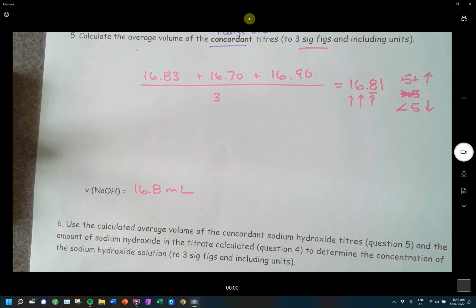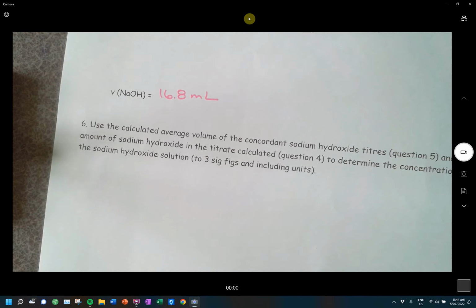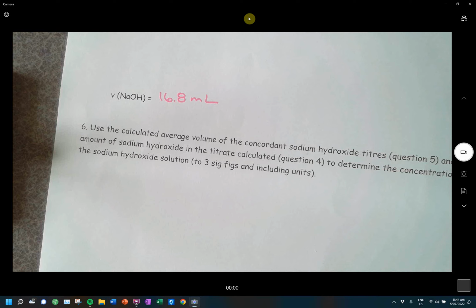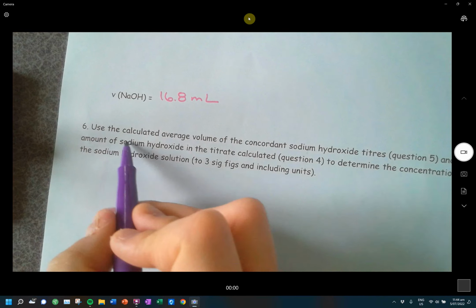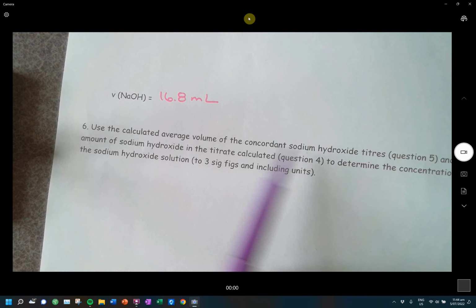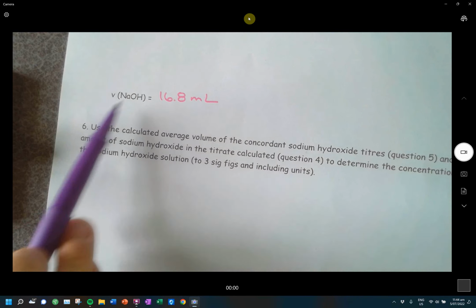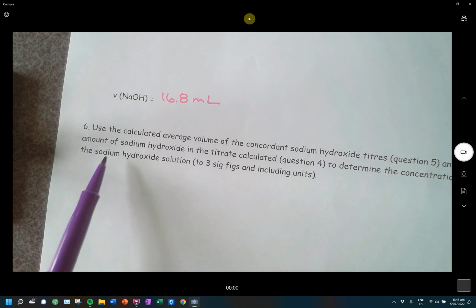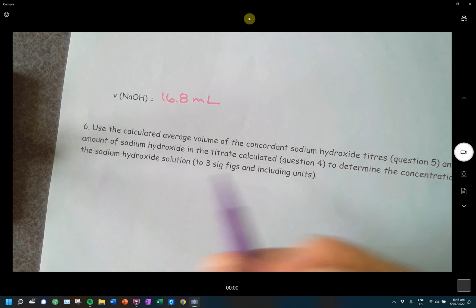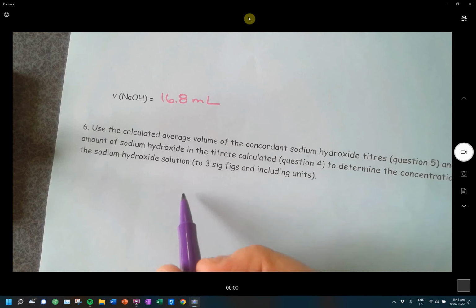Okay. All right, last thing then is we are now going to combine the information from question number 4 and question number 5 to figure out the concentration of the sodium hydroxide. And they tell you to use the average volume from the concordant sodium hydroxide titres in question 5 and the calculated amount of sodium hydroxide in question 4 to determine concentration.